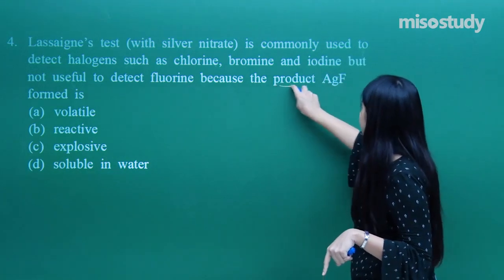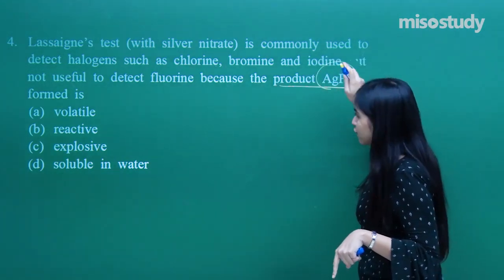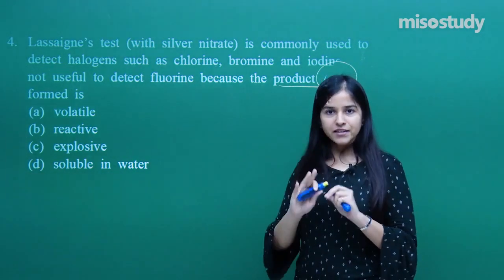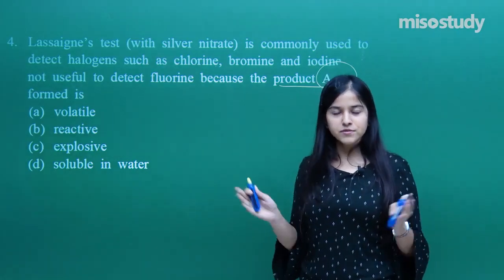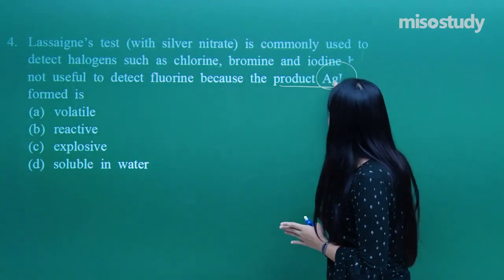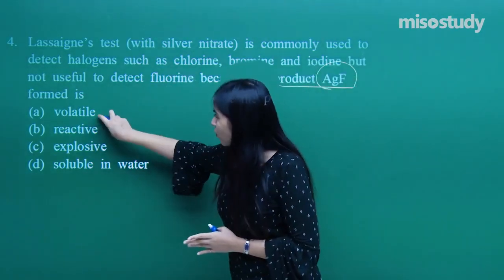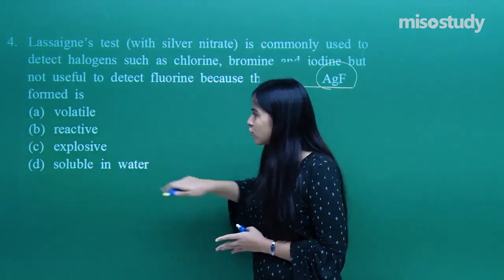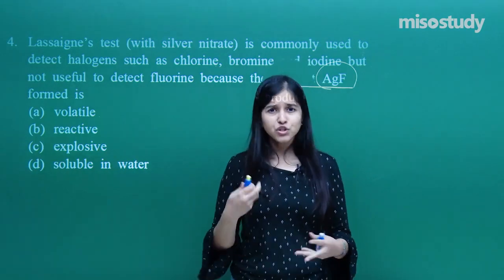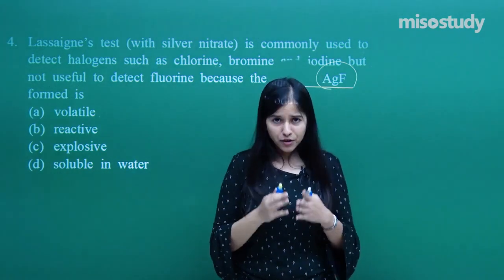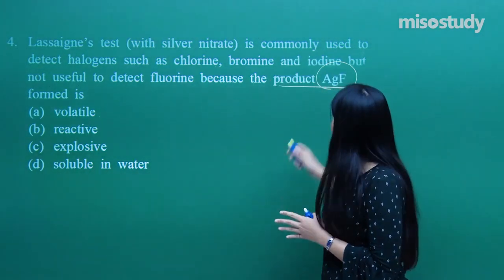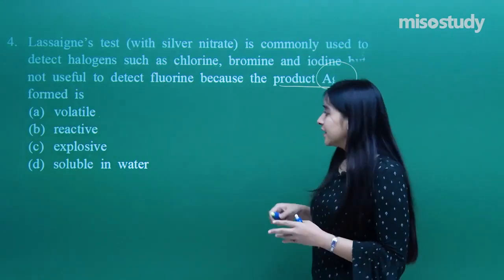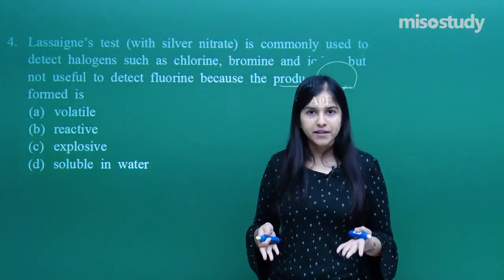Because the product formed will definitely be AgF. Here AgF formed is volatile, reactive, explosive, soluble in water. So what option could it be? AgF does not form a precipitate.